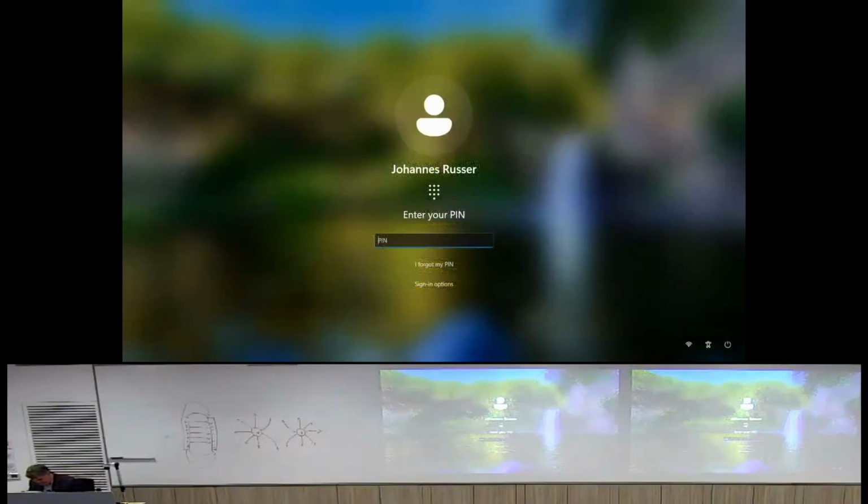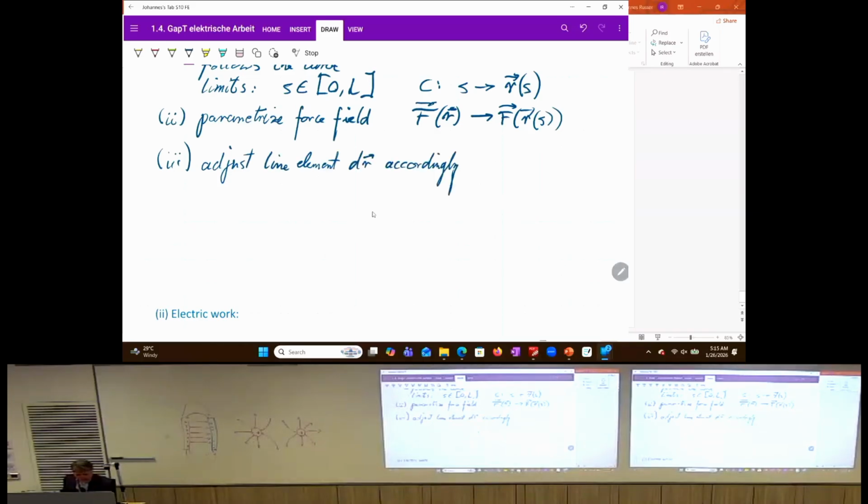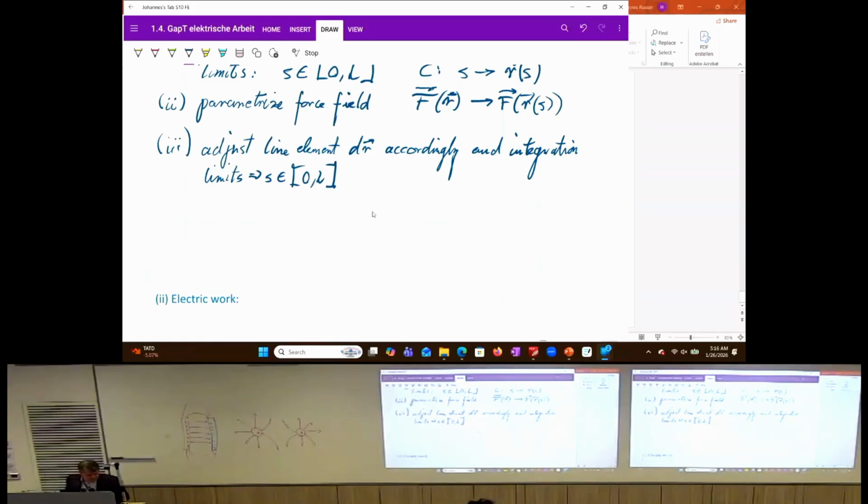And now we adjust the line element and the integration limits. Okay, so what does that mean for the integration limits? Or rather, what does it mean for the tangential component? Well, our curve is now represented by a sequence of tangent vectors, and each of these tangent vectors we obtain by taking the derivative of r with respect to the line parameter s.